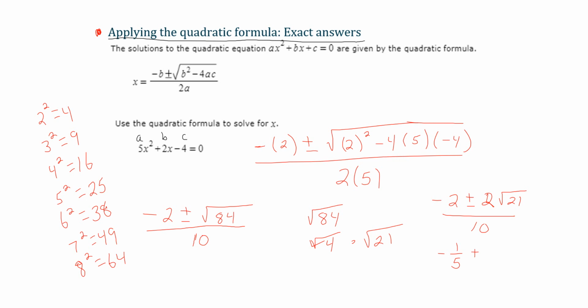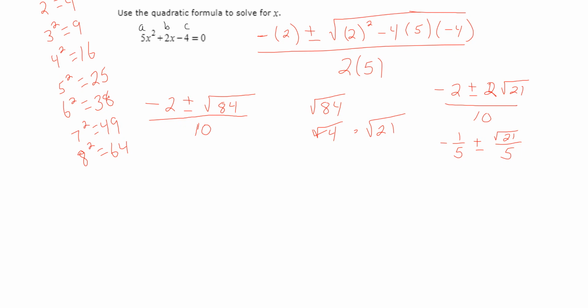Or another option for an answer, depending on which way Alex wants it, it could be negative 1 plus or minus square root 21 over 5. Because they're both 2 over 10, so you can simplify them to 1 over 5, 1 over 5. So either answer should be good. You might have to write them with a comma and 2 answers. So the quadratic formula part isn't that bad. Probably the simplifying is the harder part.